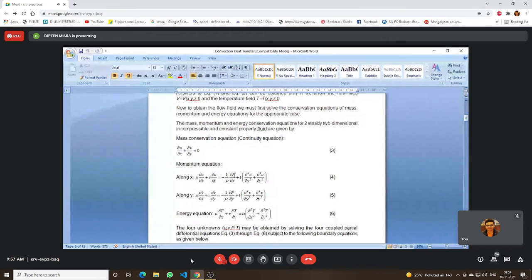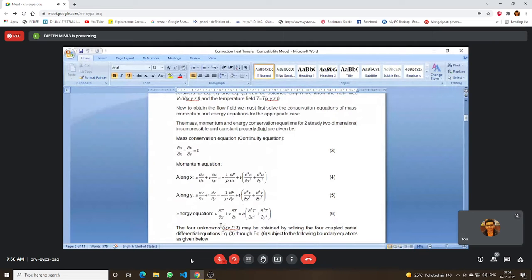Whenever we want to solve a convective flow field, the temperature field will ultimately involve, simultaneously and in an indirect way, U and V. And if you want to solve for U and V, you have to consider these equations, which will ultimately also involve P. So even if you want to know the two-dimensional steady-state temperature field, you also have to know the flow field.